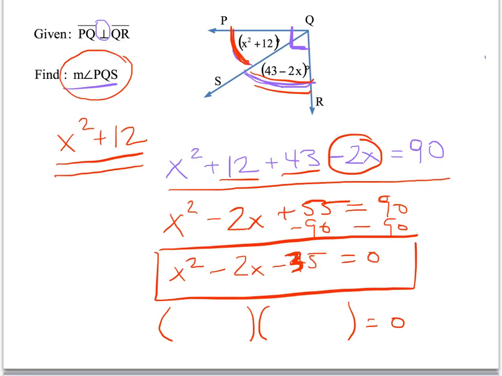Just because you have a positive x value and negative x value does not mean only the positive x value works. In fact, you may have two answers that work. You may not have a negative value for an angle, but a negative x is okay. So I want you guys to finish off that problem.